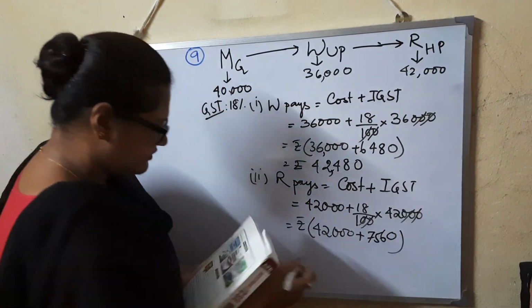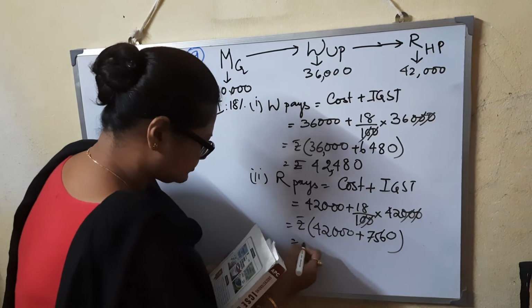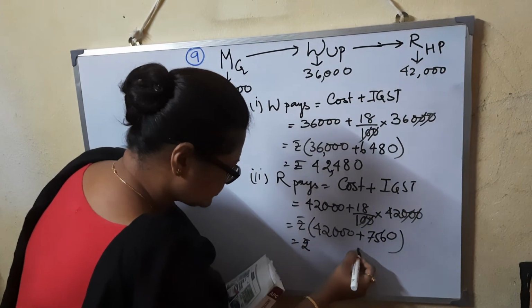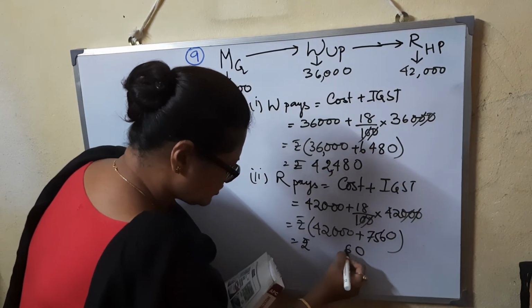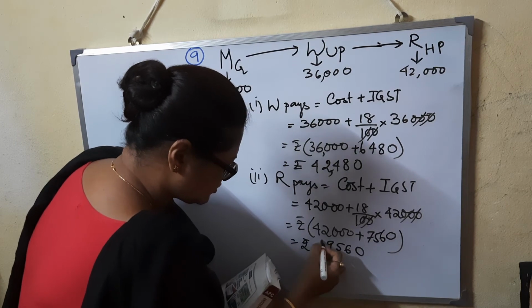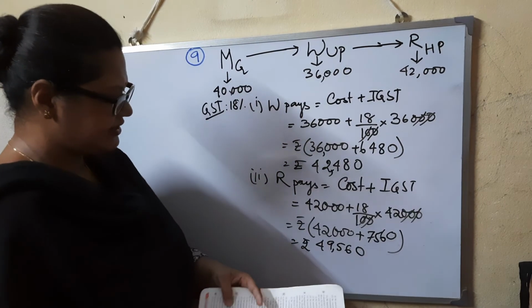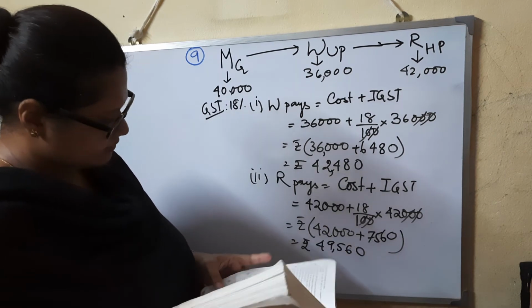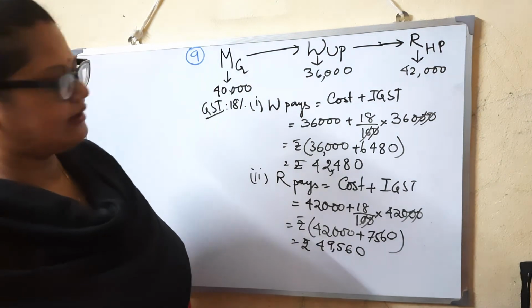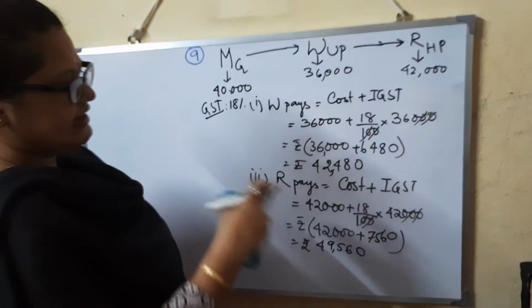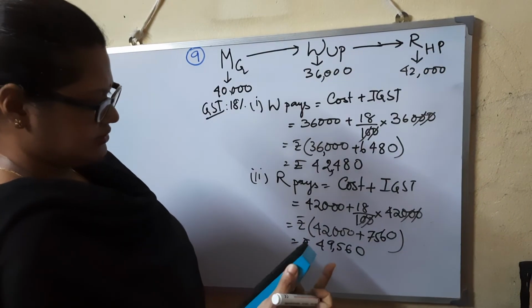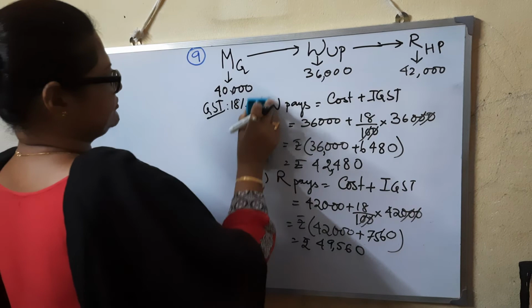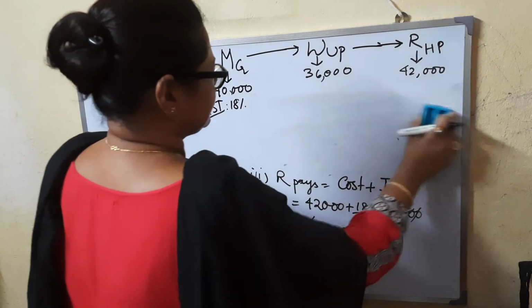So the value is 49,560. Alright, now let's remember the values and let me drop this off so that I can move on to the next part.